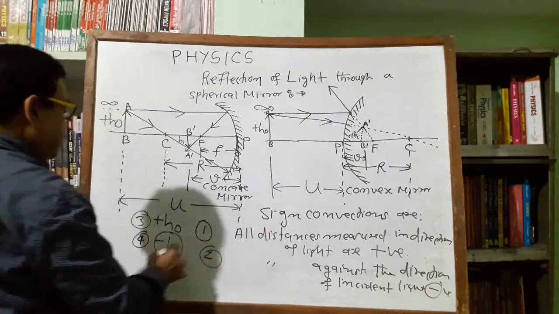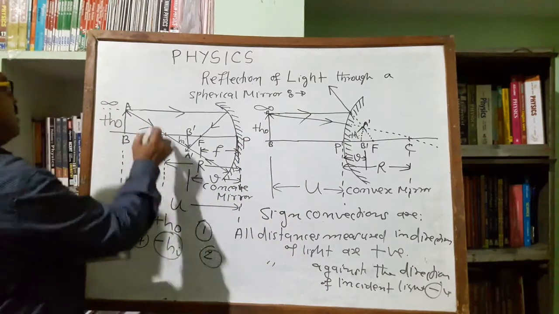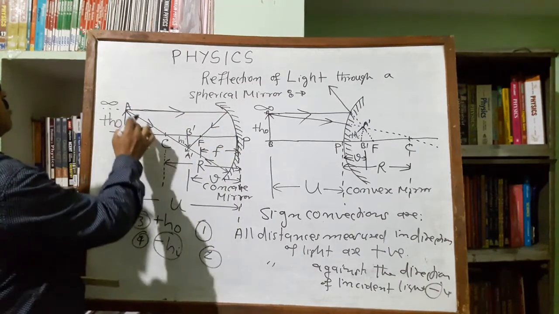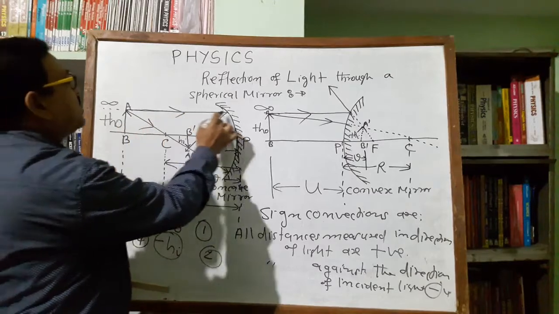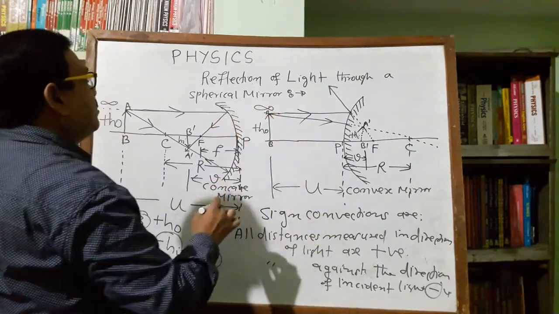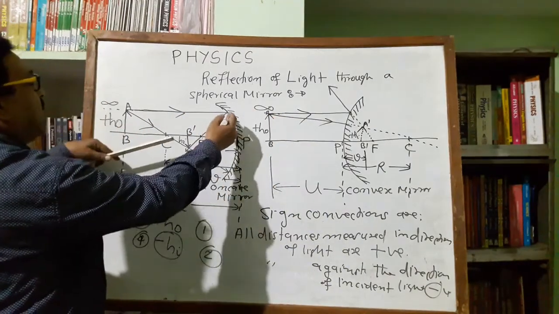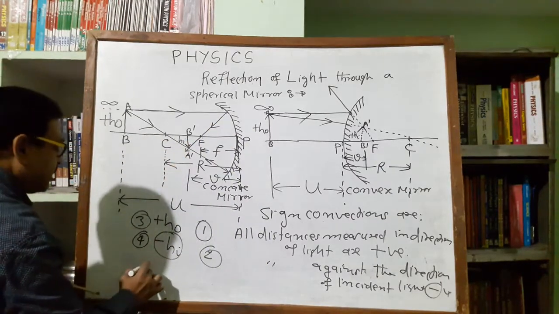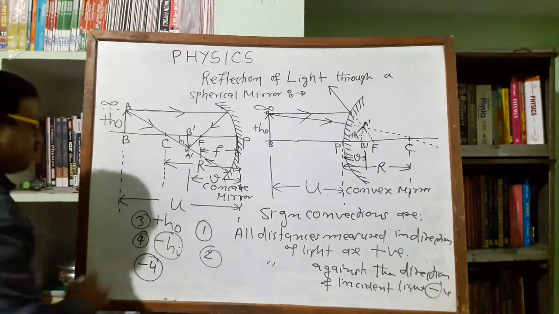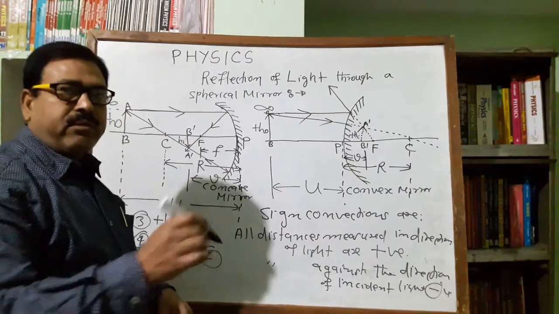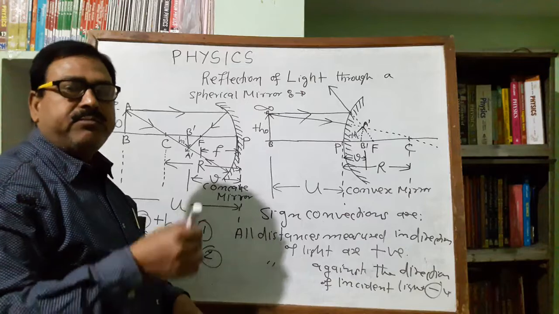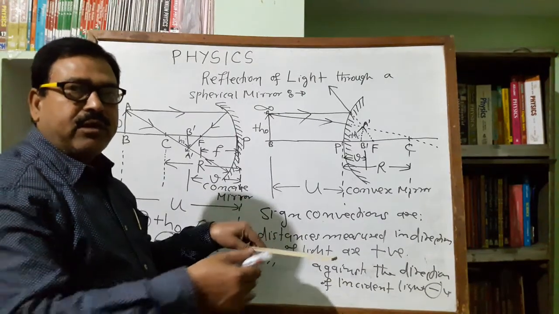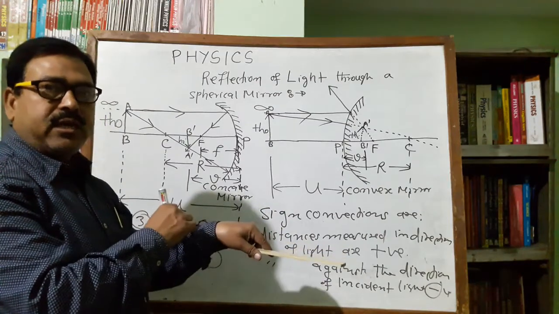Now according to sign convention 1, the direction of the ray of light is coming from in front of the mirror. So that is the direction of incident light, and distances in that direction are taken positive. So when rays of light are bouncing back in front of the mirror, the object distance is taken negative. For any kind of spherical mirror, if the object is placed in front of the mirror, we put the minus sign because the ray of light is going toward the mirror and the object is seen from the pole against the direction of light.